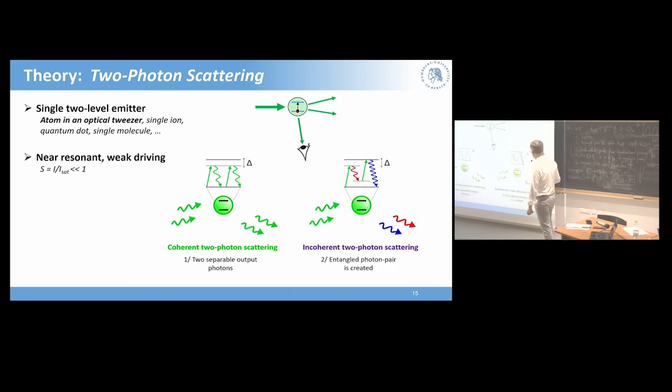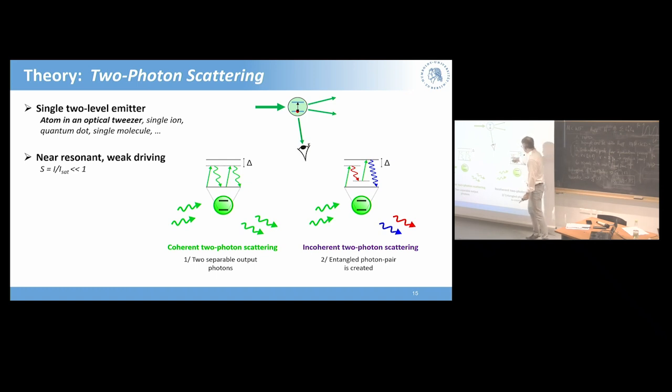This incoherent two-photon scattering can be pictured in this way. Imagine that I have a pump photon which is absorbed, and then within the lifetime of the excited state, I emit a photon. I reabsorb a pump photon and thereby excite my atom, and then it emits a second photon. So this process is a 4-photon interaction.